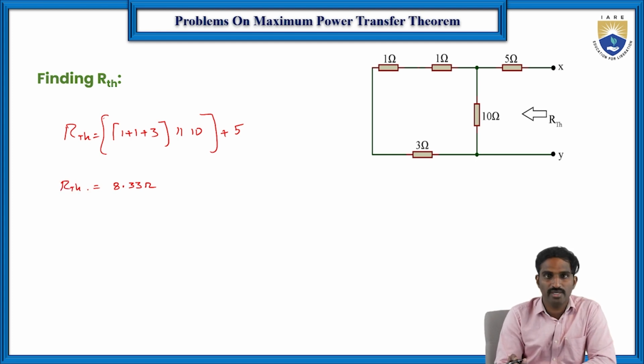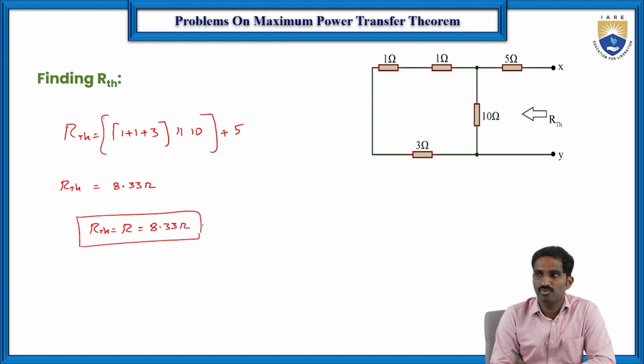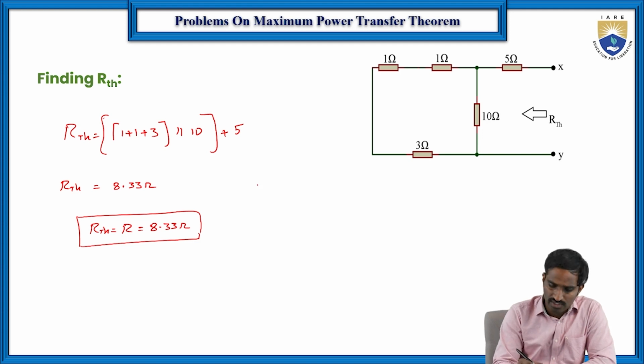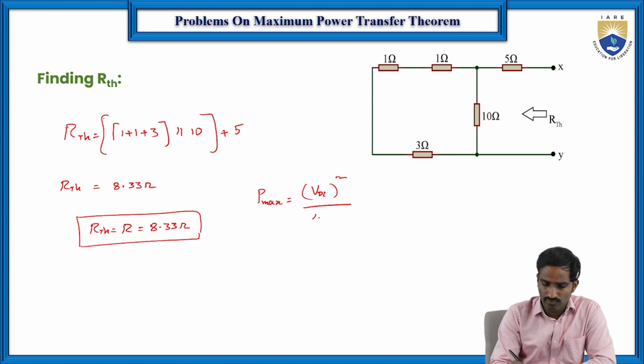So again, according to the maximum power transfer theorem, this R Thevenin's is equal to R, which is equal to 8.33 ohms, right? Then now we need to find the maximum power flowing through this particular circuit. So P maximum is equal to VOC square by 4 into R. So here VOC is minus 33.3 whole square by 4 into here R is 8.33.